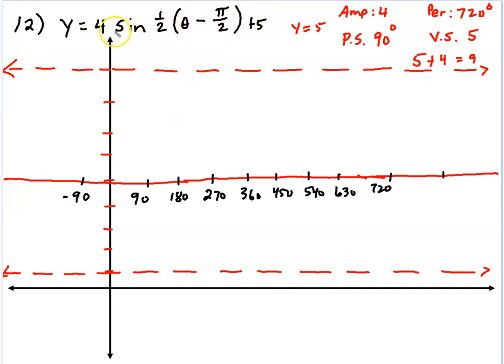So let's think about what this would look like if we did 4 sine 1/2 theta. So let's just take a look at that, and maybe I'll do a little different color this time. Let's do this in green. So we know with sine, we have theta intercepts at 0, half the period, and the period. Okay.